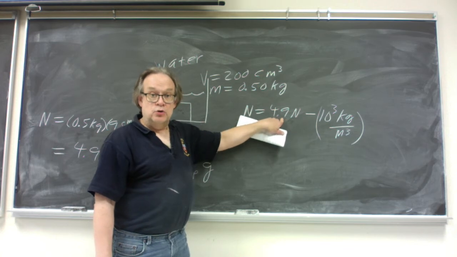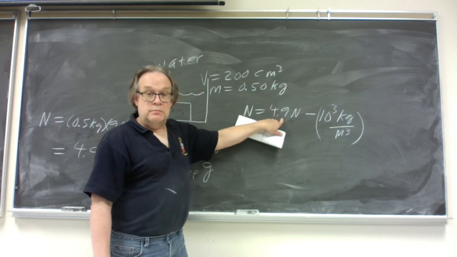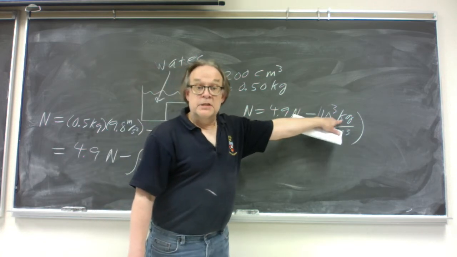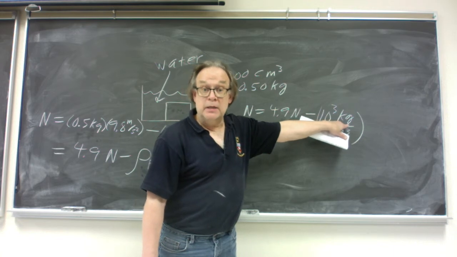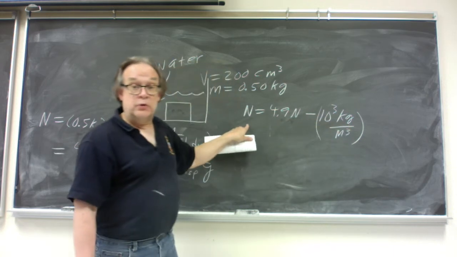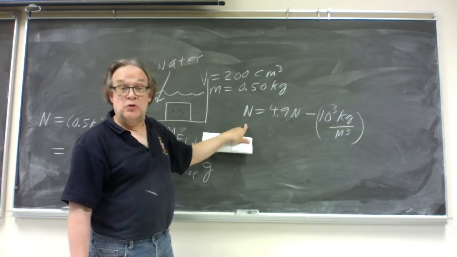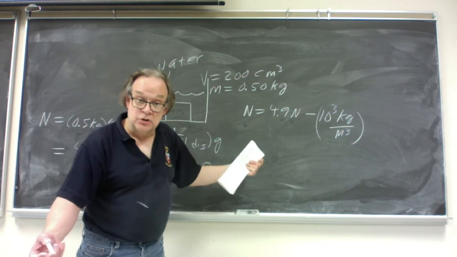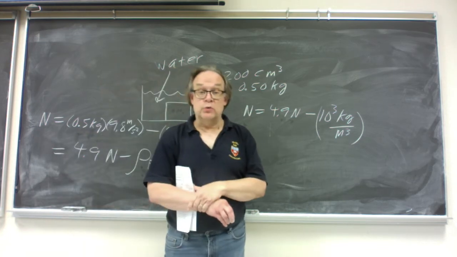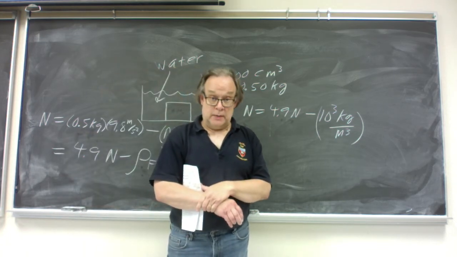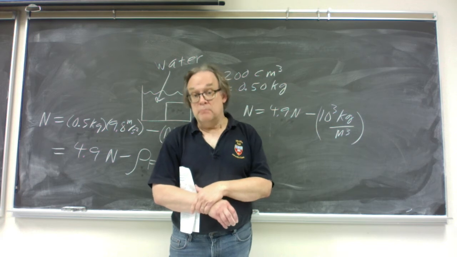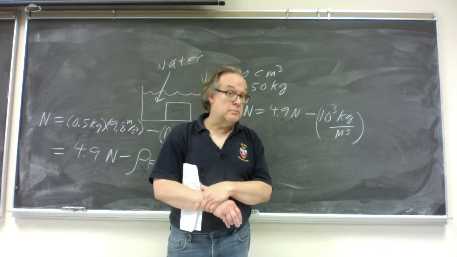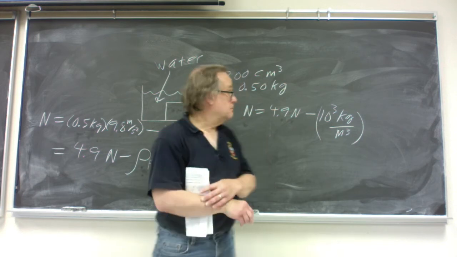This number is in newtons, so this other number that we're calculating has to be in newtons also, in order to ensure that our value for the normal force is in newtons. And if you want newtons, you have to use kilograms, and you have to use meters. You cannot use grams or centimeters.